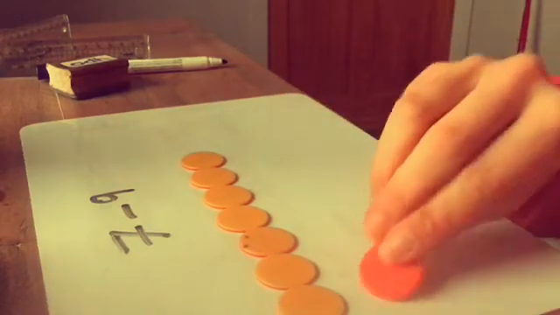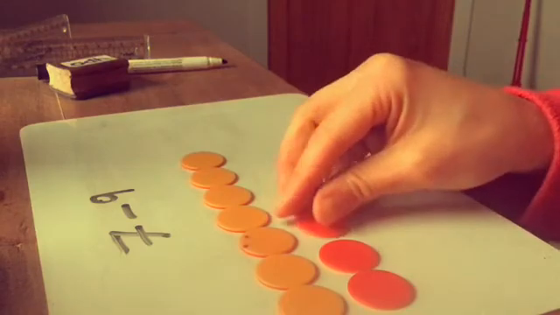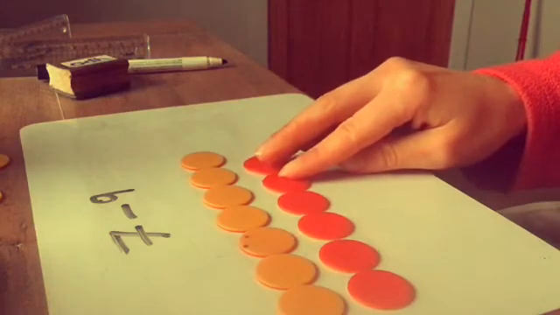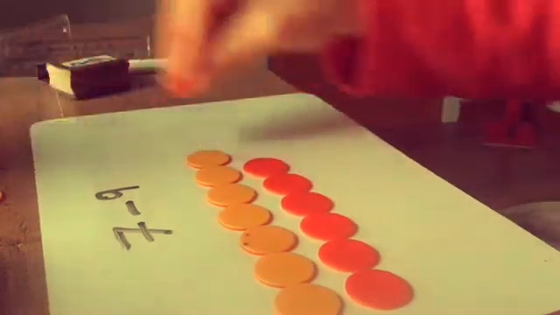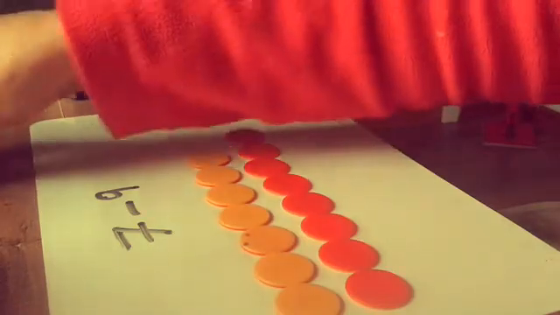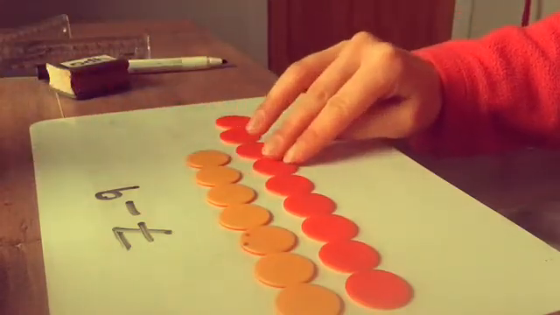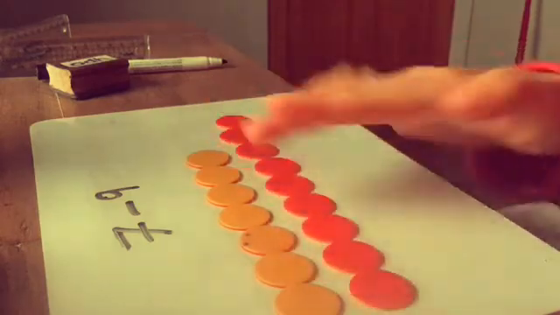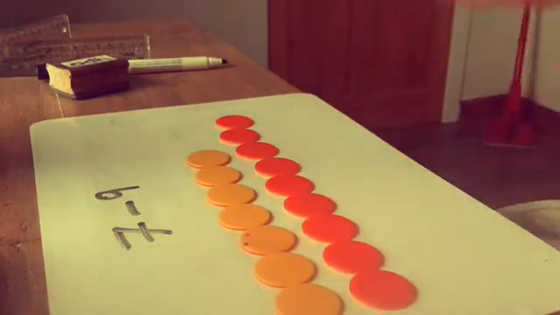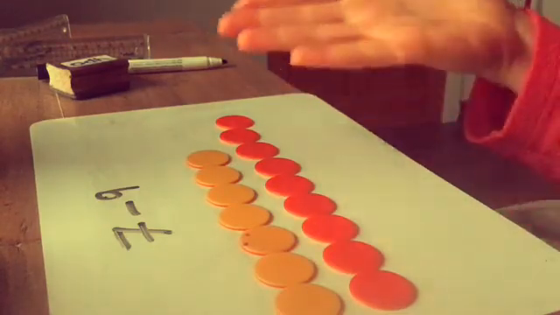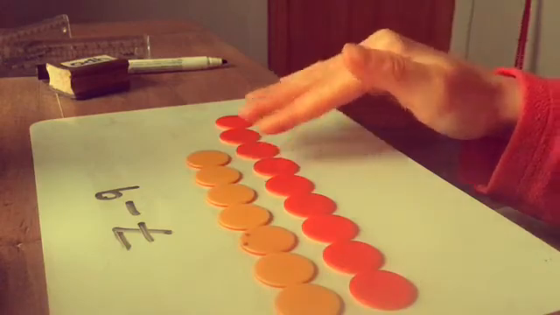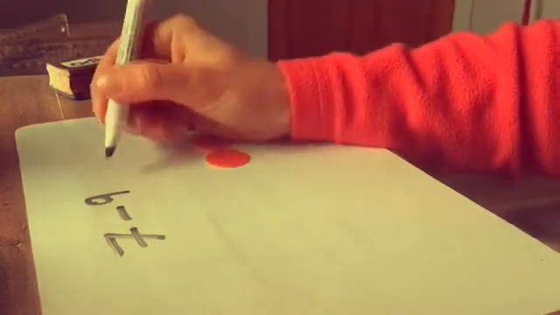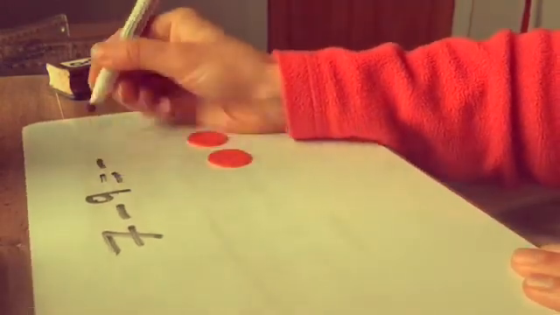And I need to take away 9. 1, 2, 3, 4, 5, 6, 7, 8, 9. So because these are pairs, a negative number and a positive number, we'll pair them together. So we can eliminate those without having to count them. And we're left with two negative numbers. So the answer is -2.